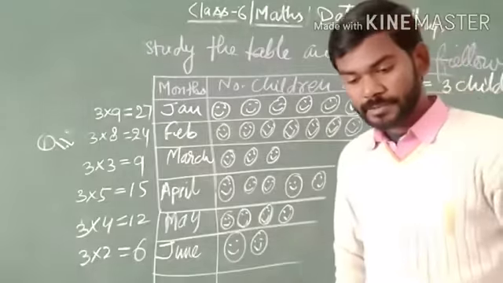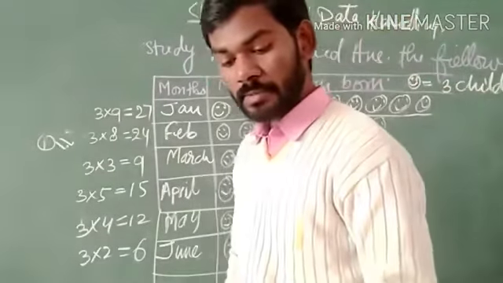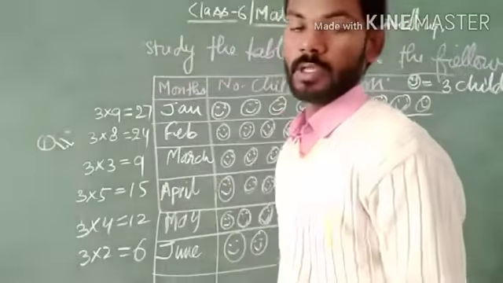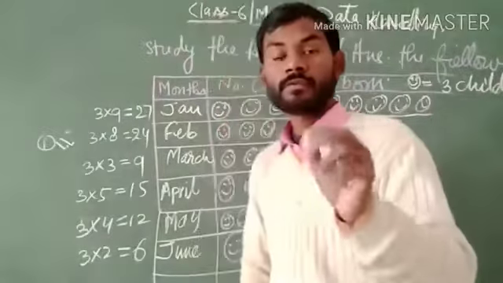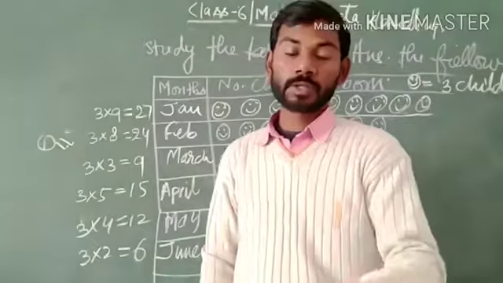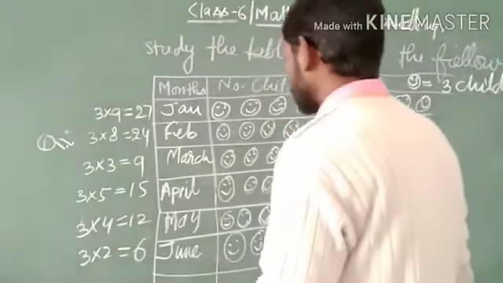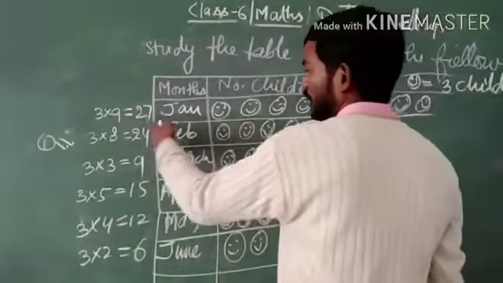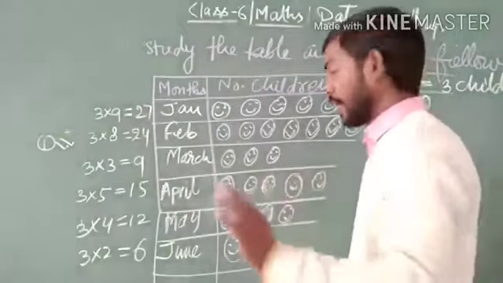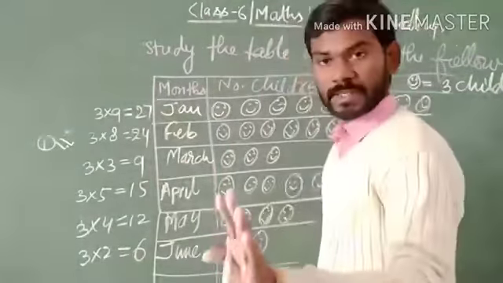The next question is, in which month were the maximum number and the minimum number of children born? We have to check in which month the maximum number of children were born and in which month the minimum. Here we can see that in January the number of children born is 27, and in June it is 6.